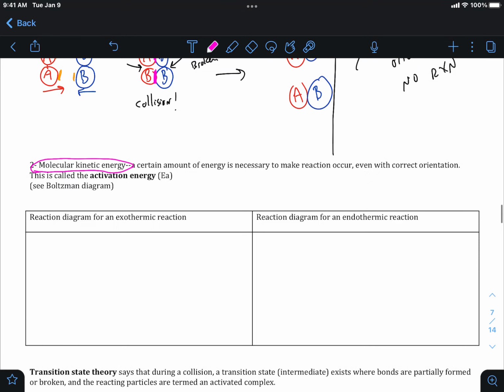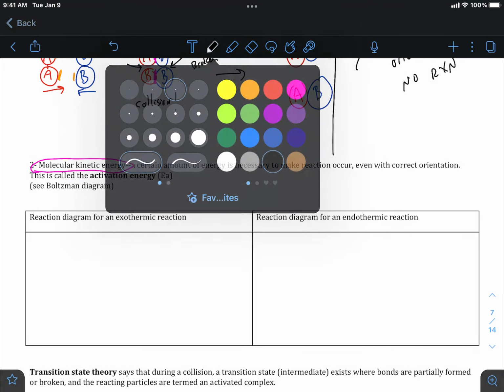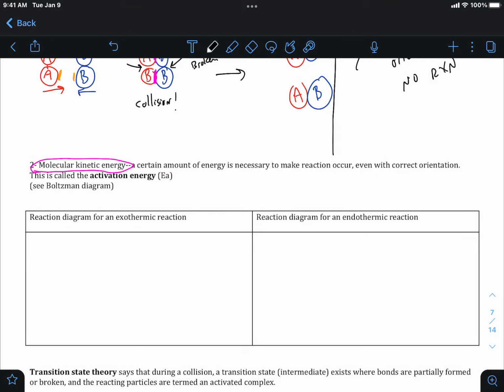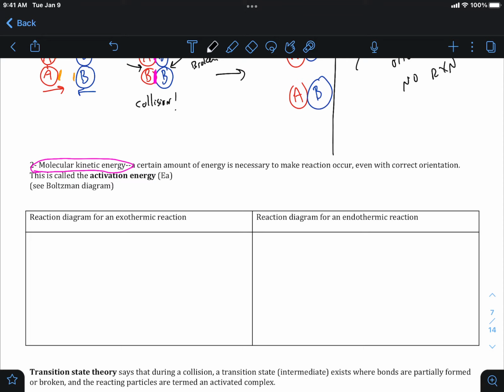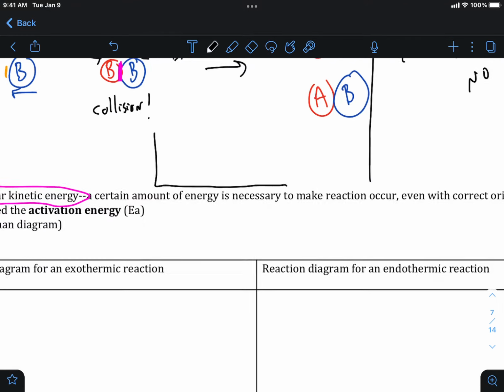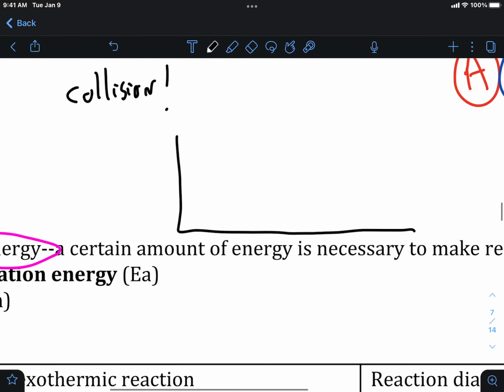So, if we were to look at an energy profile, oh, actually it says here, see Boltzmann diagram. I guess we should draw in a Boltzmann diagram here. Find some space where you can. So remember, the Boltzmann diagram shows the number of particles versus the kinetic energy.